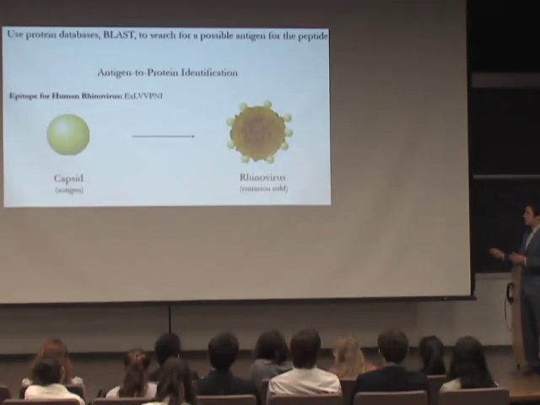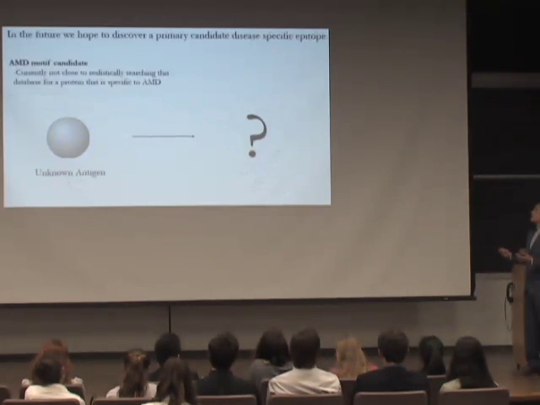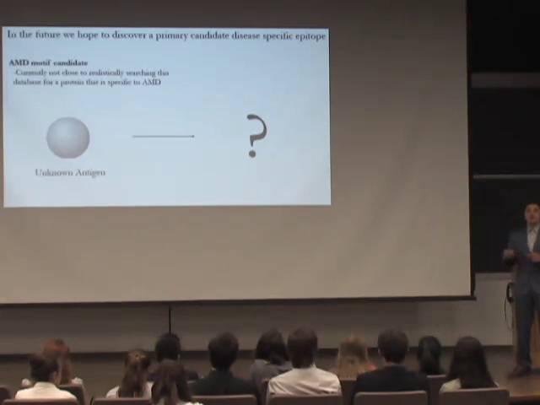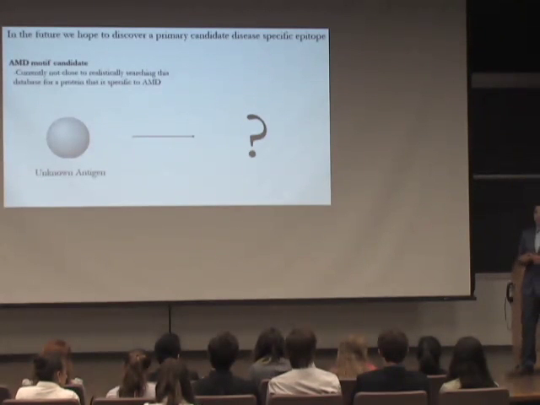Our hope is to do that with AMD, but we are simply not there yet. We don't have a candidate that could be disease specific, and even then, the protein databases that we look into are not converging on any single protein. We're only coming up with hypothetical proteins at this point, and it makes sense. We're not at a stage to be looking for a protein for AMD.